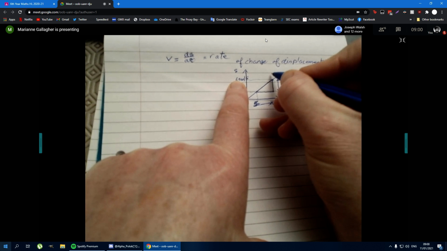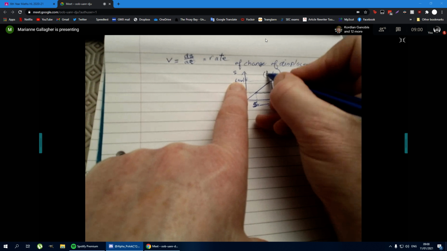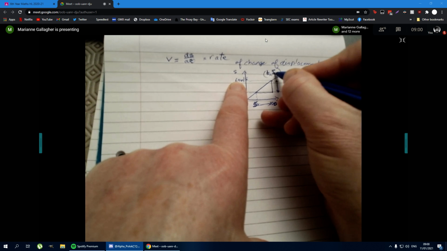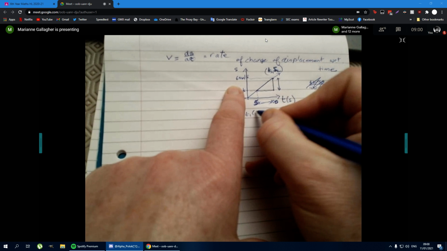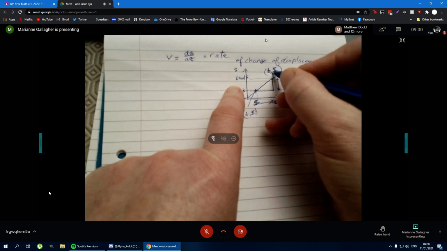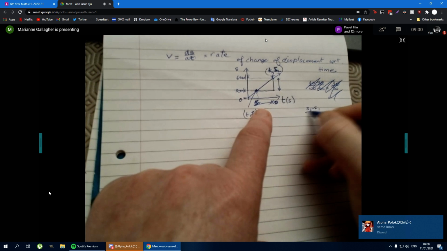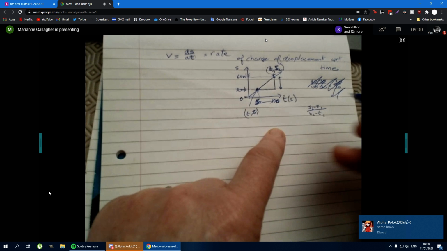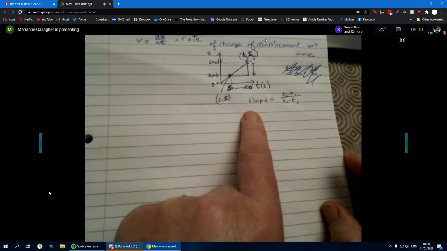So call that, if you want to call it S2 and T2, so it's just like X and Y, T2, S2, oh, sorry, I have to sleep after the holidays, and this is T1, S1. That's your X and Y coordinates, okay? So the slope of that graph is S2 minus S1 over T2 minus T1. That makes sense to everybody?